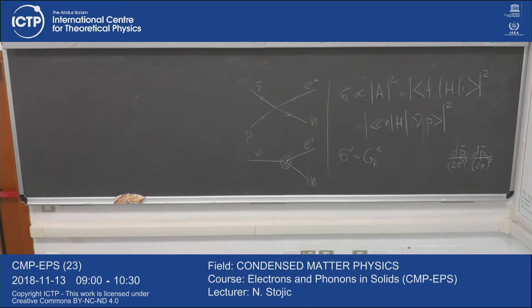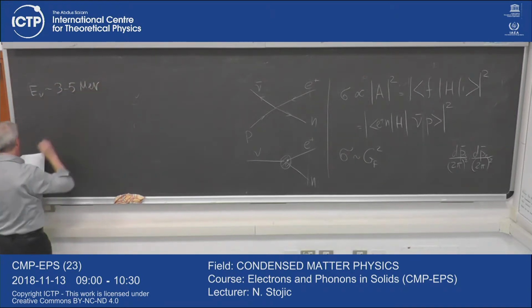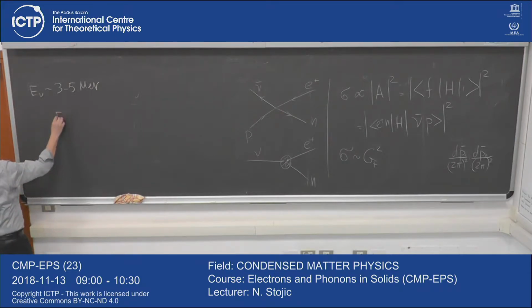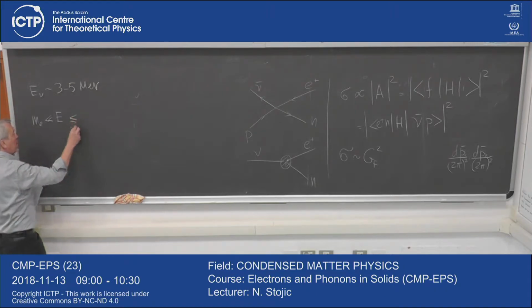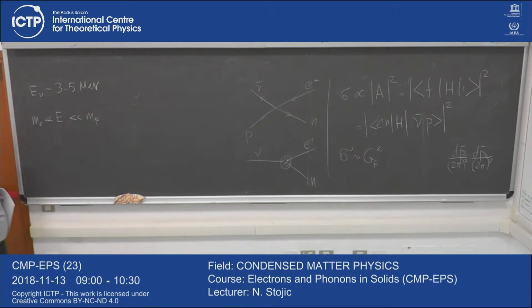The important feature of the process, and we are dealing here with energies of neutrinos, as I said, 3-5 MeVs, is the following. This energy is much bigger than the mass of the electron, which is 0.5 MeVs, and much smaller than the mass of the proton.